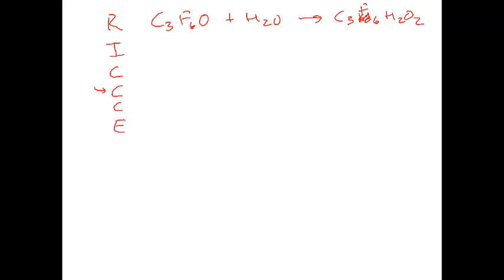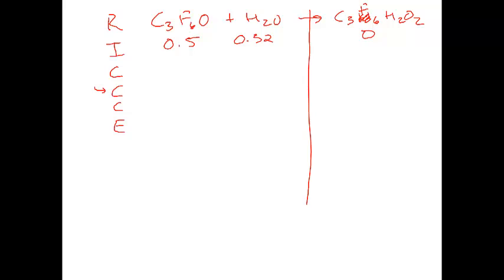Now, let's just walk through and fill it in. What's our initial concentration? Well, it's still 0.5 and 0.32 and 0. Here's where the Rice chart gets a little trickier. You're assuming that this is changing. Well, you're going to figure out exactly how much it's changing.